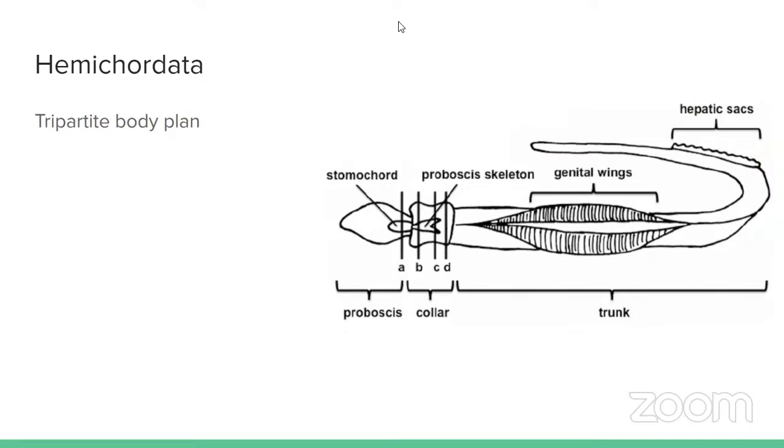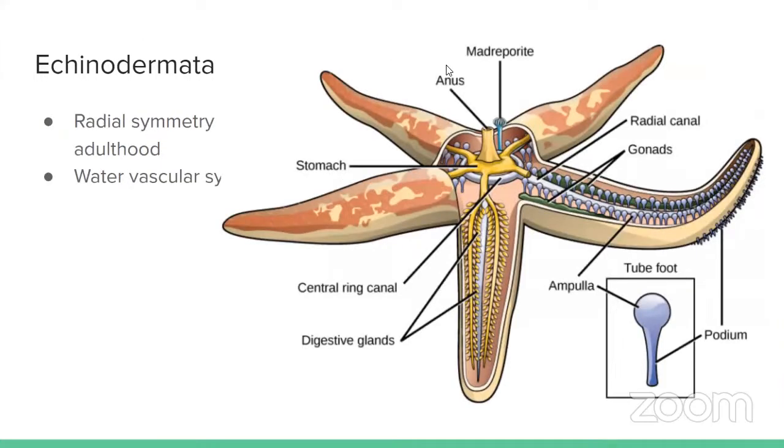There were some other groups that we're looking at. This one's not that important, but in a couple of our groups, we're going to be thinking about how many segments we have. In a group called Hemichordata, we have three segments, a tripartite body plan. I'm just going to leave that. In Echinodermata, in adults, we see radial symmetry, which is unfortunate because these are still bilaterians.